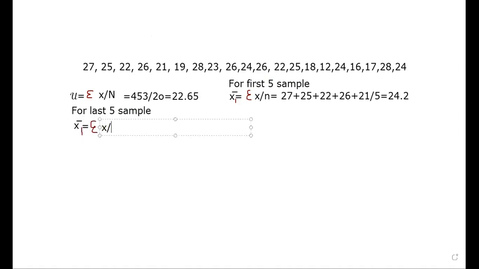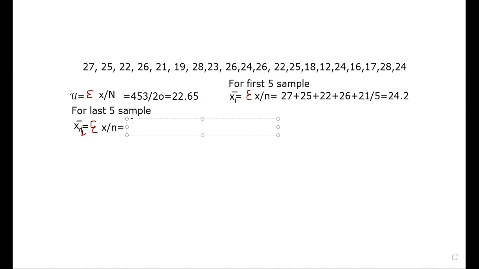So in case of the last 5 samples, we have to find out x bar 2, because it is sample 2. We have to find out the last 5 samples 1, 2, 3, 4, 5.